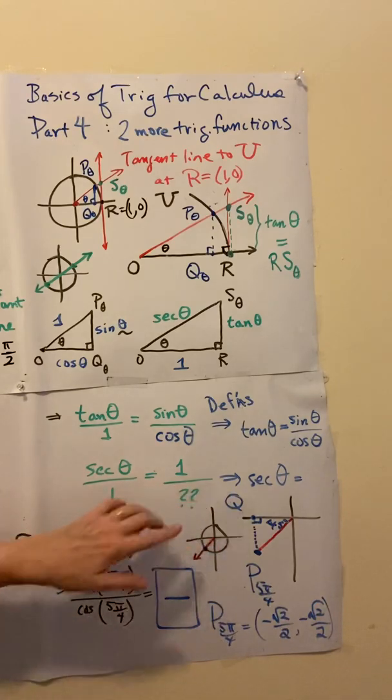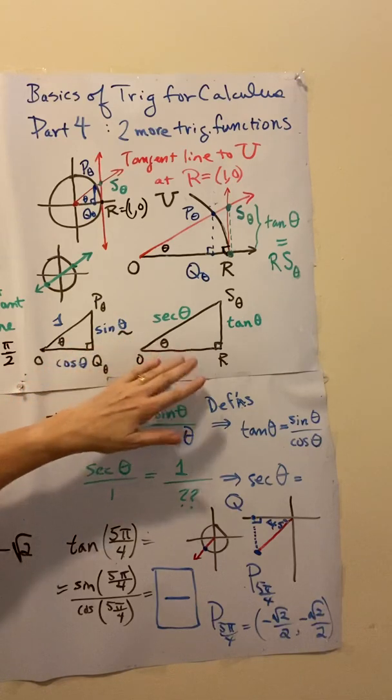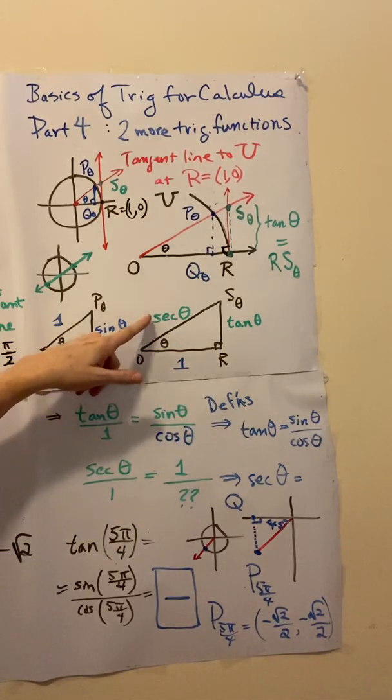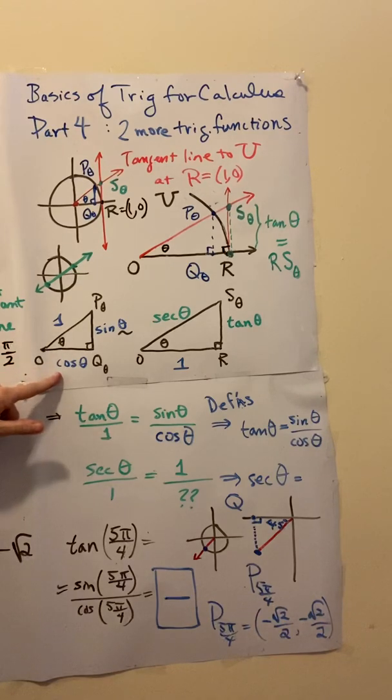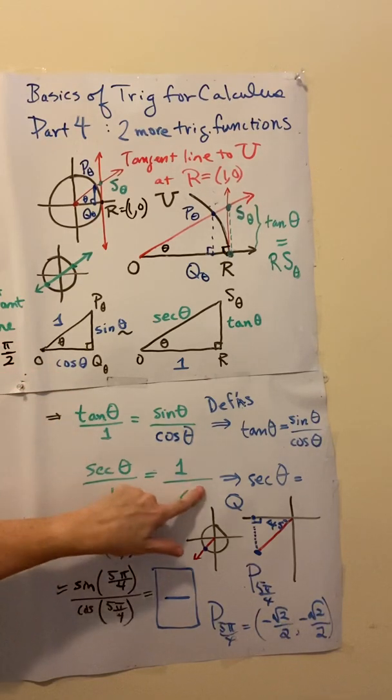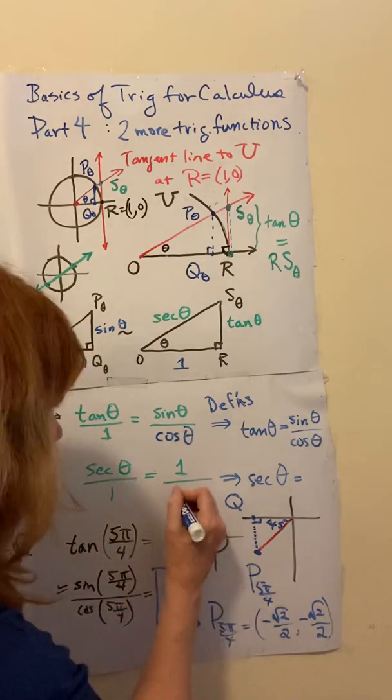Here's a fact that comes out of these two triangles being similar, involving the secant. The secant is to 1 as 1 is to the, what goes in here? Secant of theta is to 1 as 1 is to the cosine of theta.